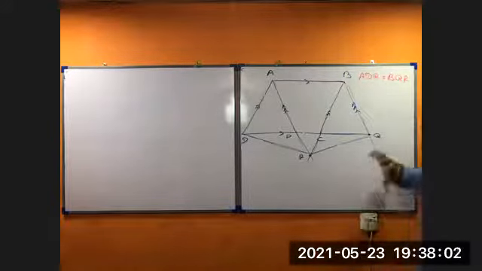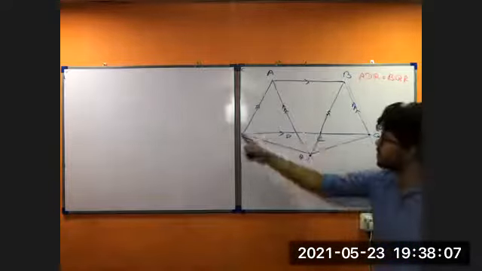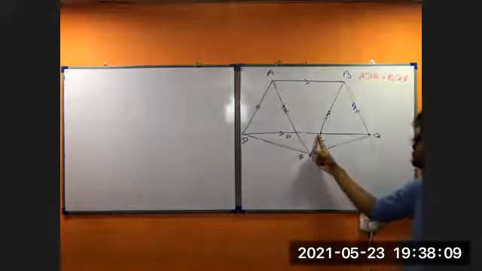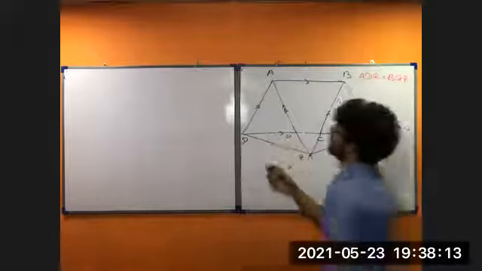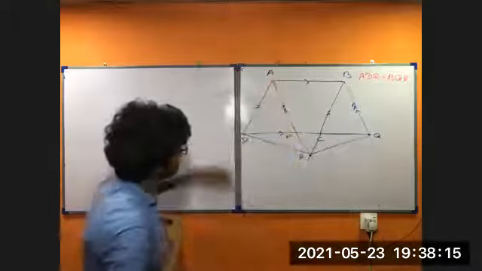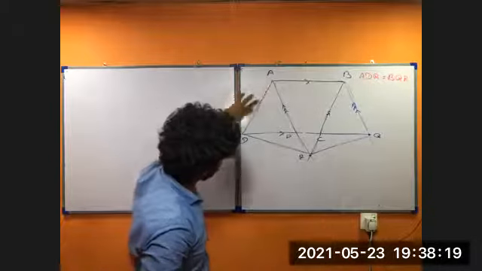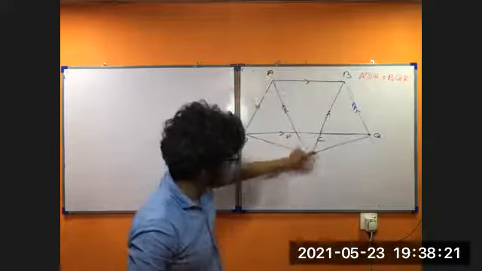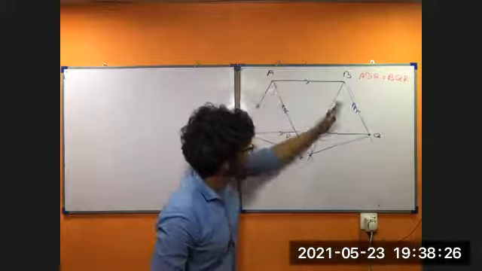Then what else? So is there any base here? With this base, I don't have anything, right? With this base, nothing. So here, if you take this side, you can see here I have a base. So from this base, there is a triangle going here, and it is between these two parallel lines, right?